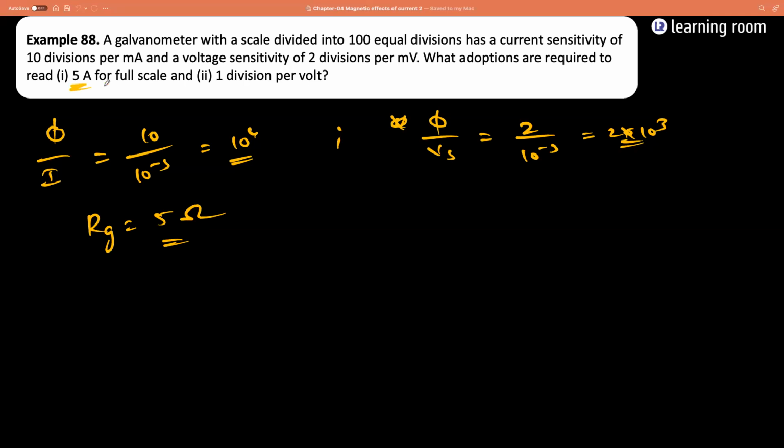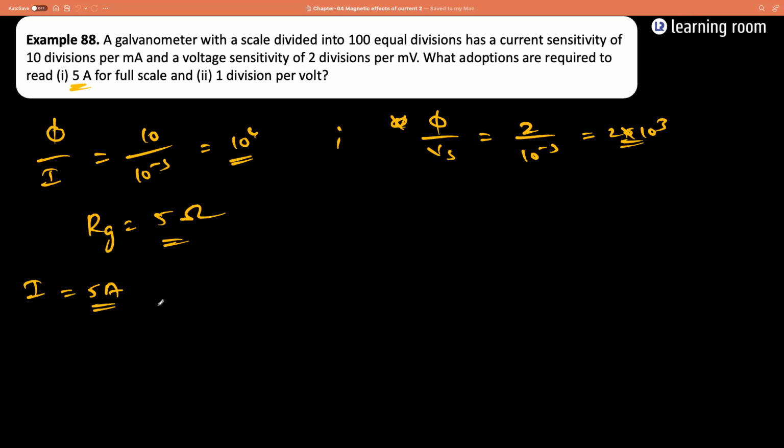Now you want 5 ampere for full scale, so I will be equal to 5 ampere. How will you find the value of IG? 100 into 10, sir. Why 100 into 10? It's the total number of divisions, so full scale will be into 10.